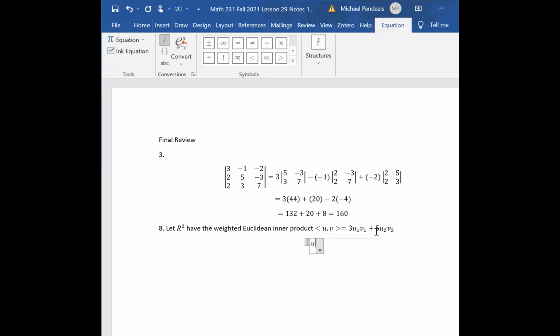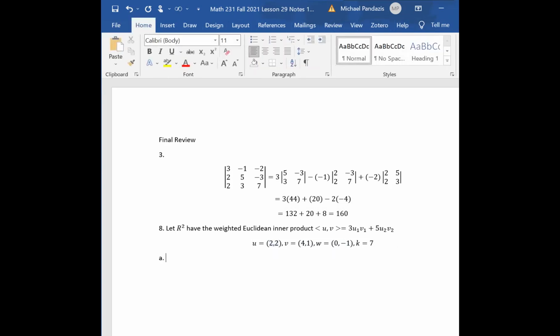Okay, and so u is going to equal a particular vector, v is going to equal 4 comma 1, w is equal to 0 comma negative 1, and then k is equal to 7, and u is 2 comma 2.